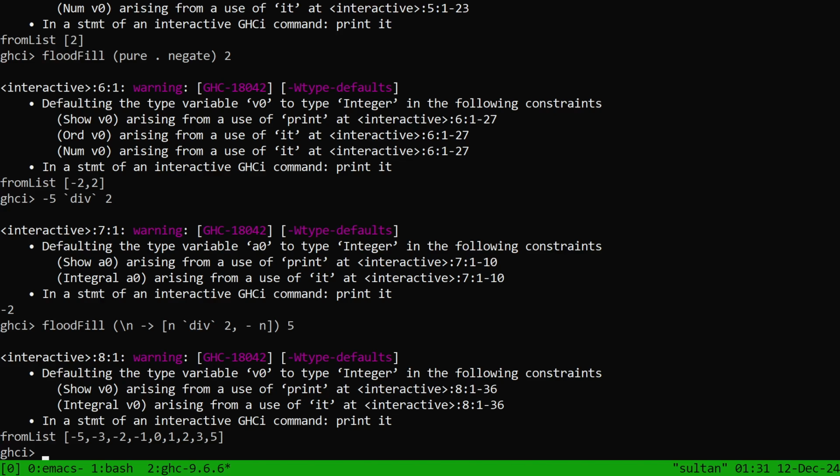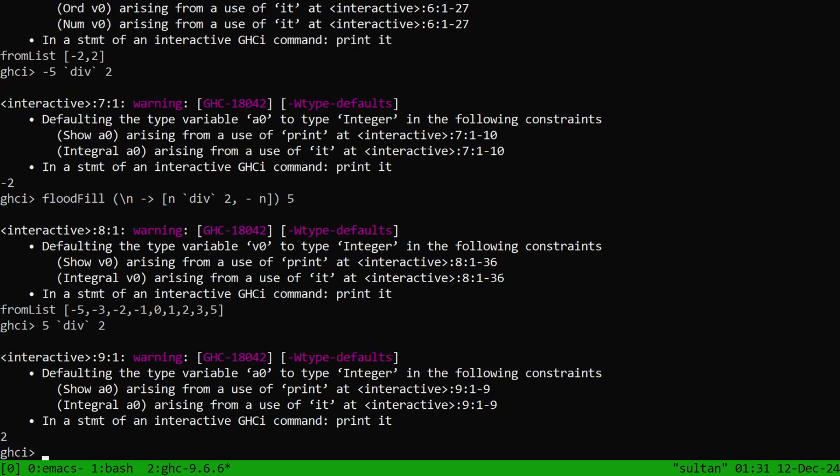How do you get to 3? So 5 maps to -5, of course, and also 2, right? 5 div 2, that's 2.